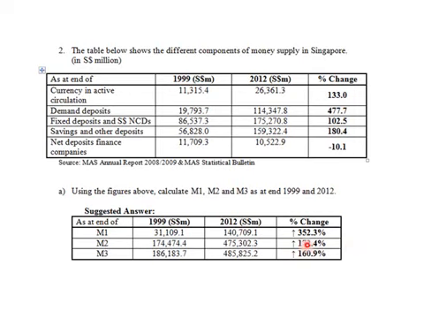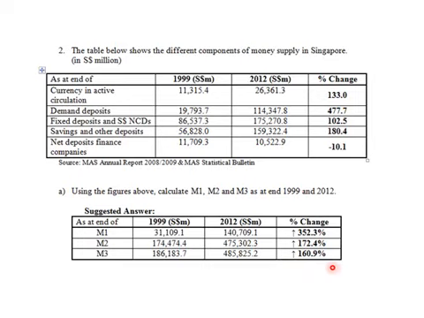Same thing as you calculate percentage change: 2012 number minus 1999 over 1999 and then times 100%. So that's how you calculate percentage change. Now, if you look at this M1, it has gone up by 352.3%. The increase in M2 and M3 are more modest, 172.4 and then 160.9%.